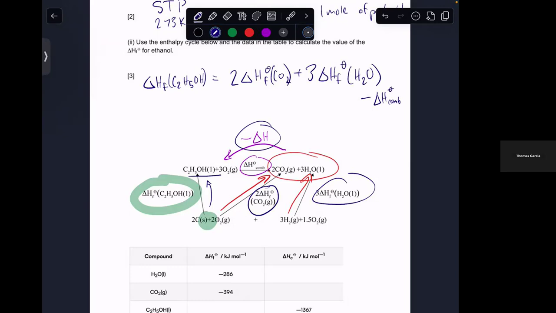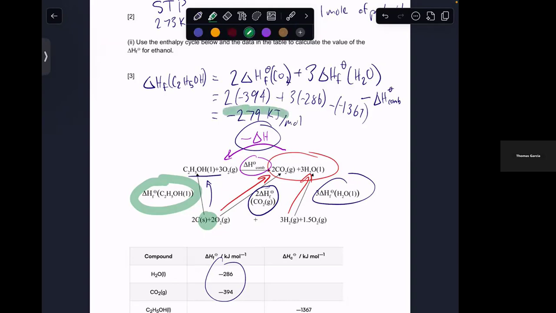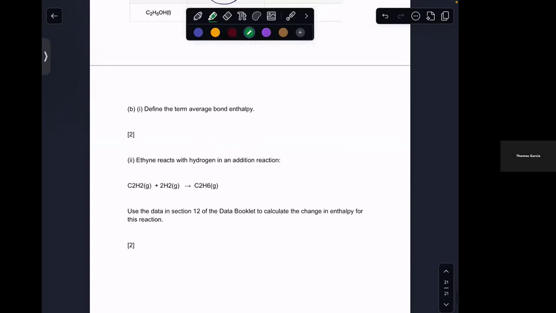So we can go ahead and use the values in our chart right here. 2 times negative 394 plus 3 times negative 286 minus negative 1,367. We add all that up and we get negative 279 kilojoules per mole. All right, and that's how we solve that one.